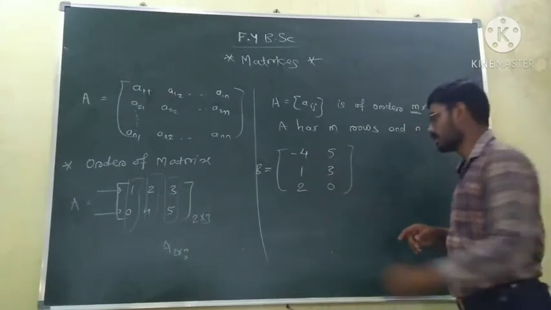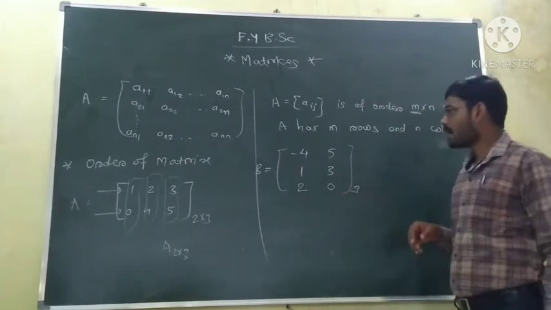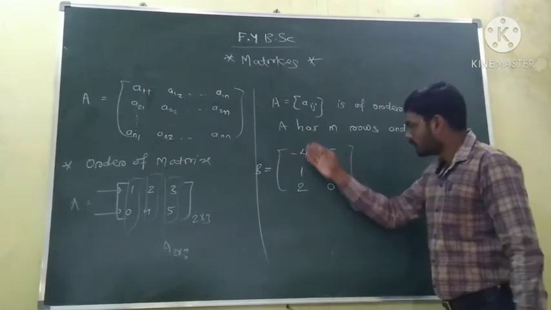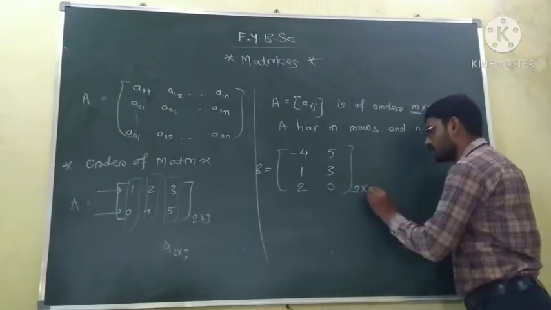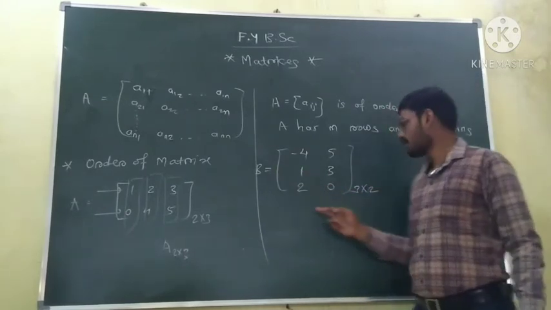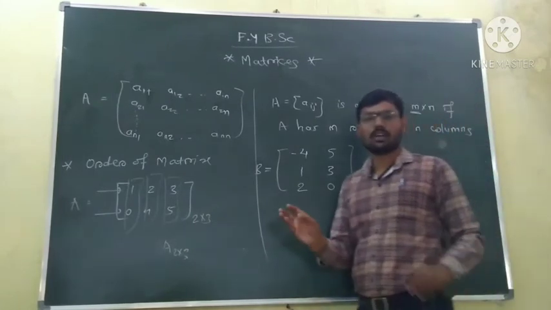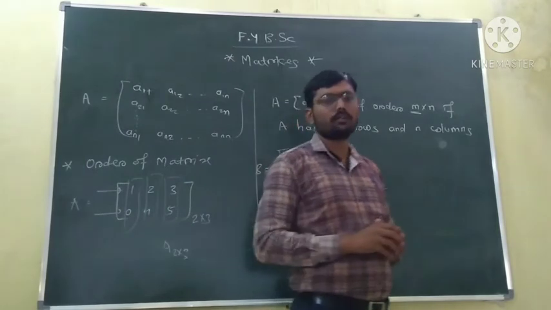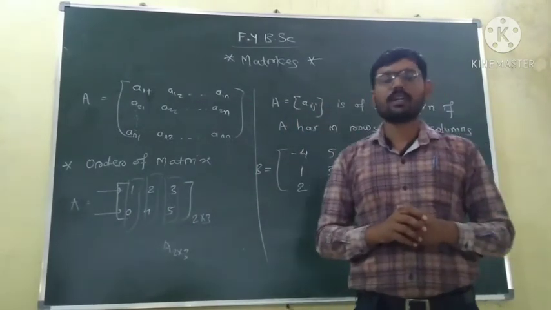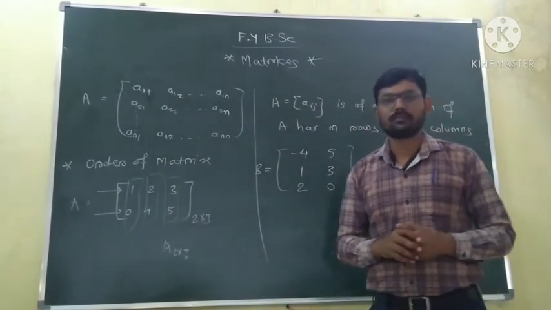So there are three rows. And how many columns are there? This is one column and this is one column. So two columns. So 3 by 2. So this matrix B is of order 3 by 2. This is the idea of order of a matrix, very simple to understand.